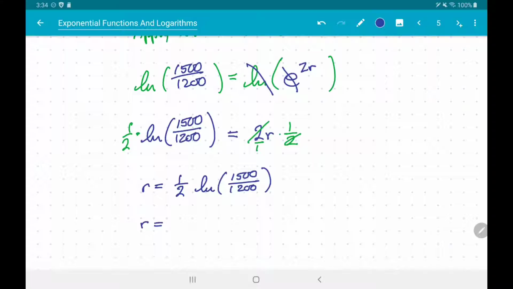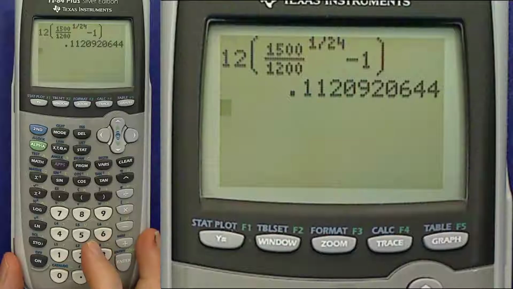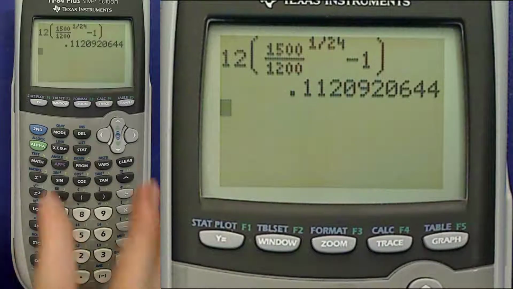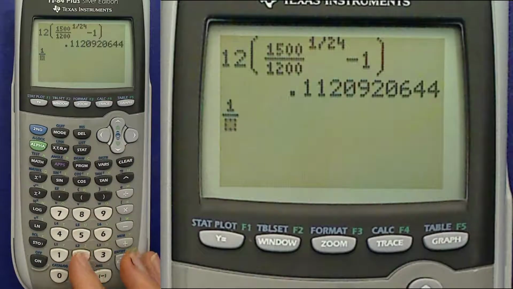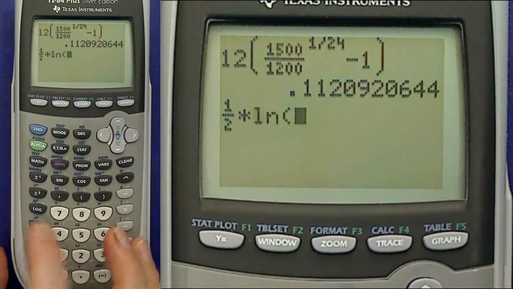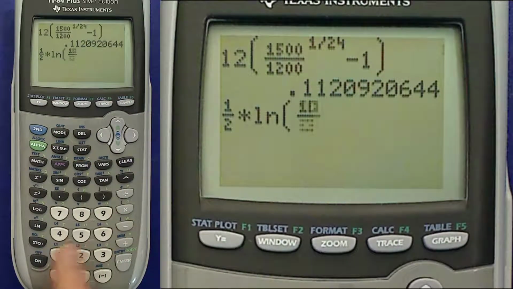Now let's go to the calculator and see what this number is. I'll type it in this way: 1 divided by 2 times ln of 1500 divided by 1200.